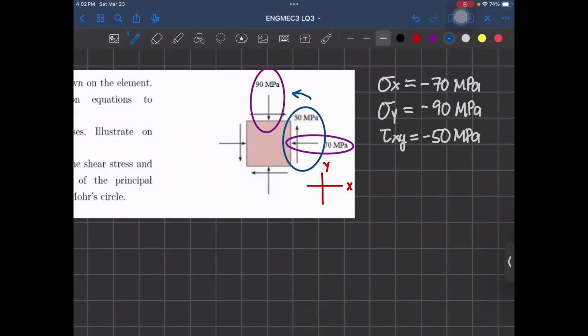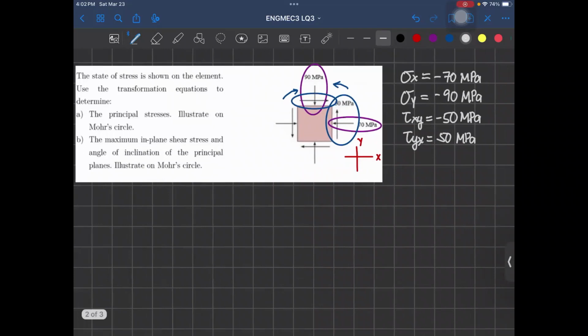And opposite it is also the same thing being applied. It's 50 megapascals as well, but this time it's causing a positive shear, so it's causing it to go clockwise. Therefore, tau yx is equal to 50 megapascals because it is parallel to the x direction. So that's our second letter. Our first letter is what it is perpendicular to. So that's how you identify the parameters.